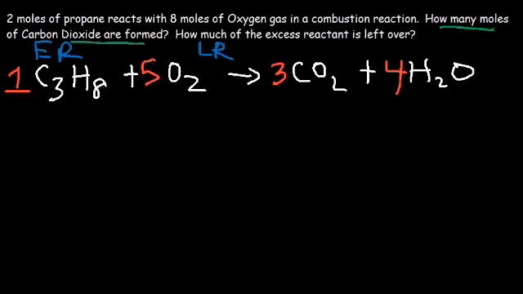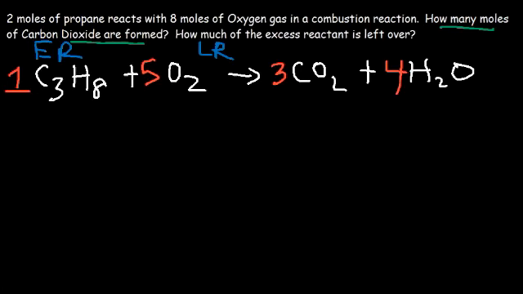That's basically asking for the theoretical yield, which can be in moles or grams. But for this problem, we're going to do everything in moles. So one way you can identify the limiting reactant is to take the moles of each reactant and calculate the theoretical yield. The one that gives you a lower value is the limiting reactant. The one that gives you the higher value is the excess reactant.